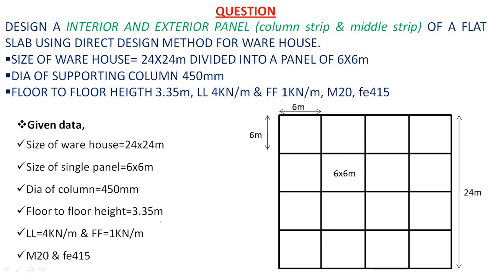Live load is 4 kN per meter, floor finish is 1 kN per meter, grade of concrete is M20 and grade of steel is Fe415. The figure at the right hand side shows the 24 by 24 meter warehouse, divided into panels of size 6 by 6 meters.